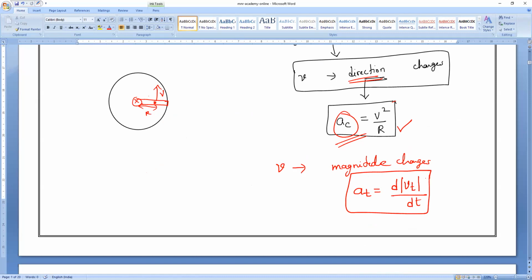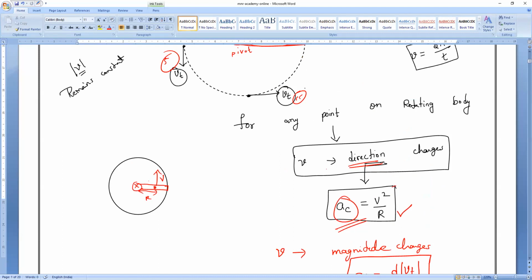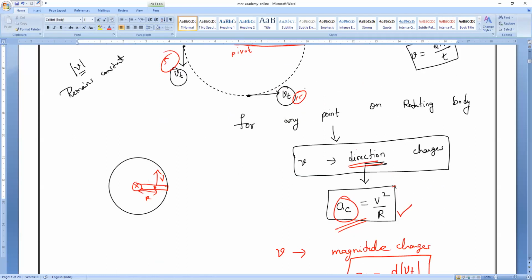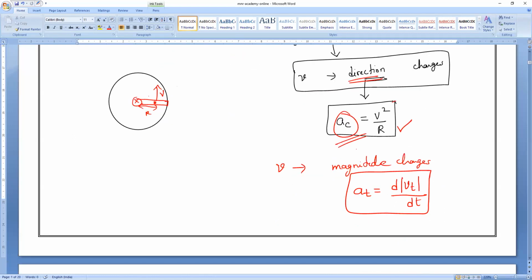Does tangential acceleration remain constant or vary at every point? Velocity varies by magnitude, so tangential acceleration will also vary.